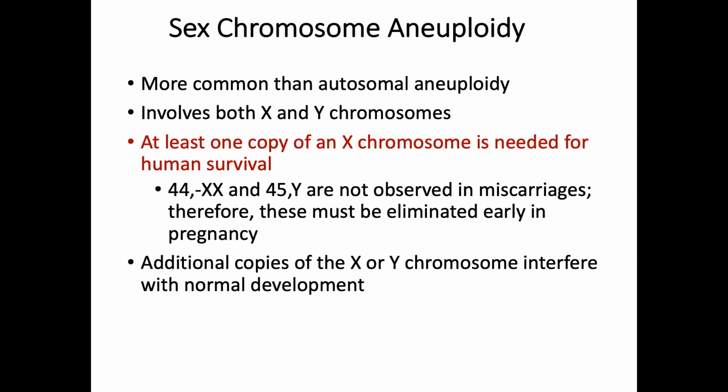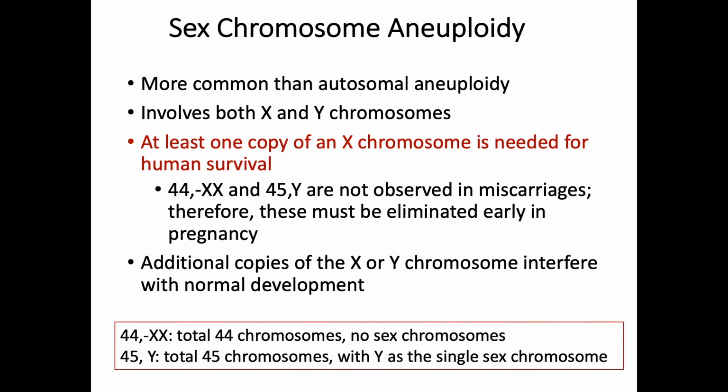As a matter of fact, embryos missing X chromosomes, such as 44 minus XX and 45 Y, are not even observed in miscarriage, meaning any of these defective embryos have been eliminated very early in pregnancy, right? So 44 minus XX means a total of 44 chromosomes and no sex chromosomes.